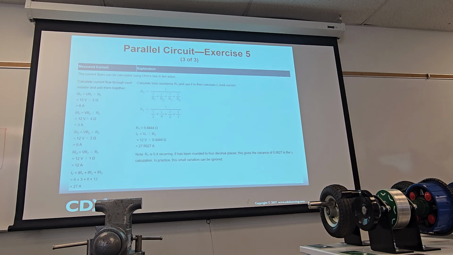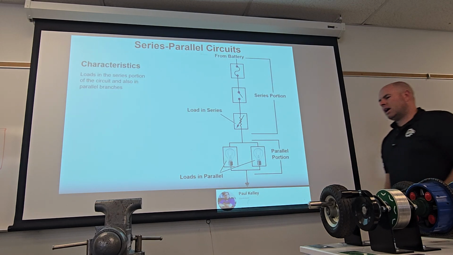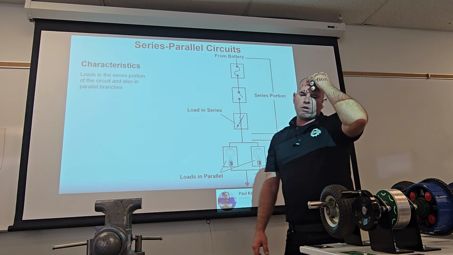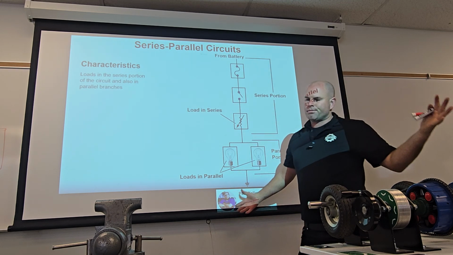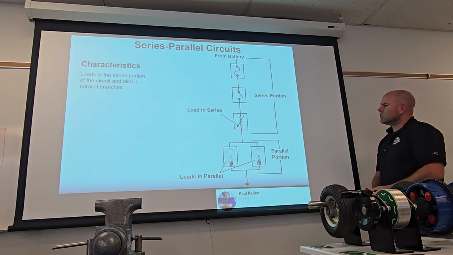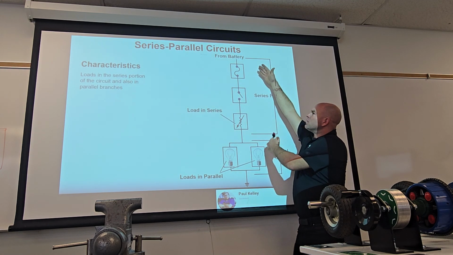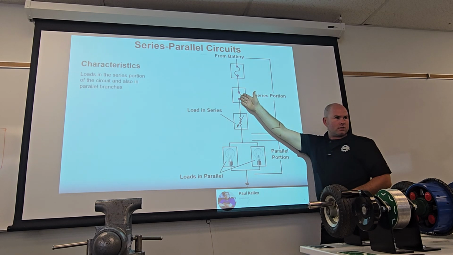Now, let's go with the series parallel. I think you're going to find this is really easy to understand because we've already covered all aspects. We're just combining the two. If you look, the reason this is a series part is because there's one path. Make sense?